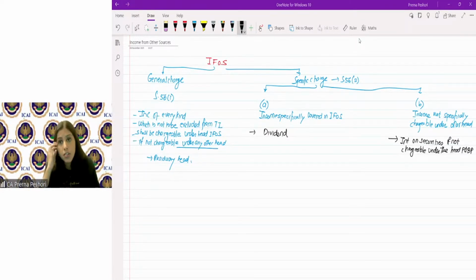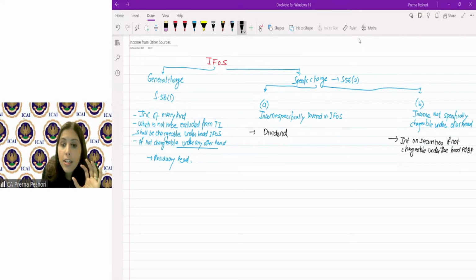Do you remember the decision that we have discussed at that point in time? Tuticorin Alkali. Yes, it was this decision that I'm asking you about. That was on the point of whether this will be income from other sources or will it be considered as a capital receipt. You recollect?